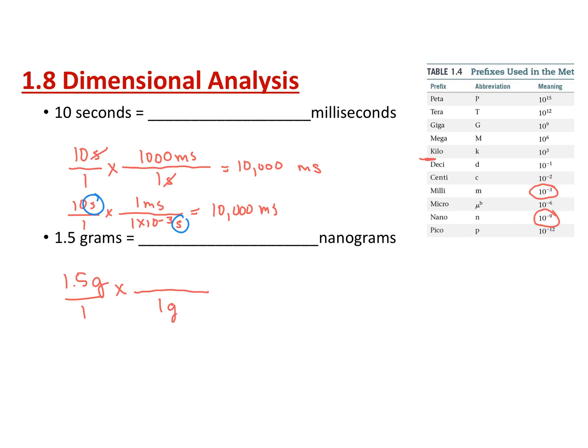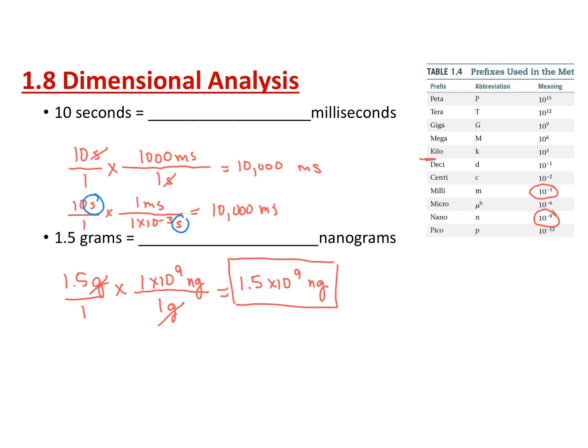So 1 gram would be 1 times 10 to the 9th nanograms. Grams cancel out, and my measurement would be 1.5 times 10 to the 9 nanograms. I could do that conversion the same way I did over here, where I just do the inverse of that, and I would get the same answer. So we can use dimensional analysis in the metric system as well.